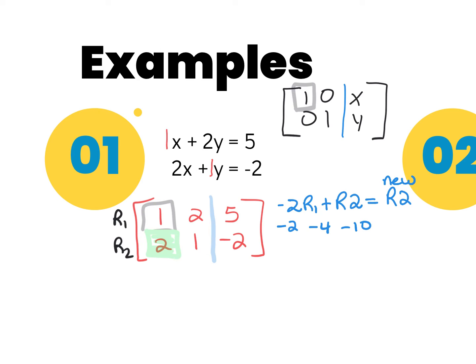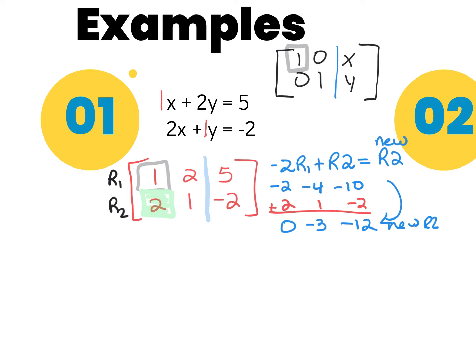I'm going to add that to the current row 2: 2, 1, -2. And now my new row 2 is going to be 0, -3, -12. This is my new row 2. So I'm going to rewrite row 1, 1, 2, 5, with my new row 2, the 0, -3, -12.